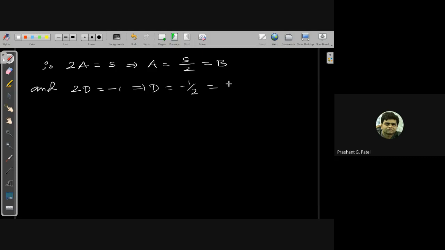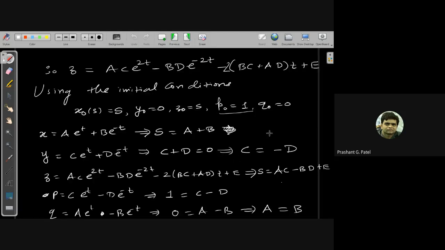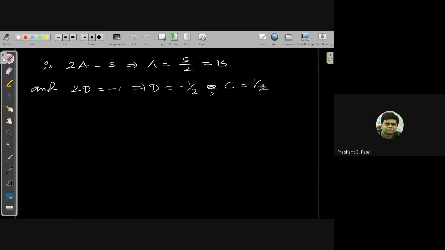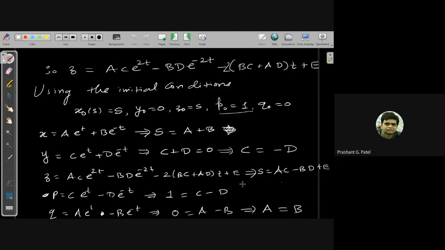So the value of c is 1/2, because c is minus d. Now a, b and c, we have all the values. Now, lastly, we'll substitute these values here.